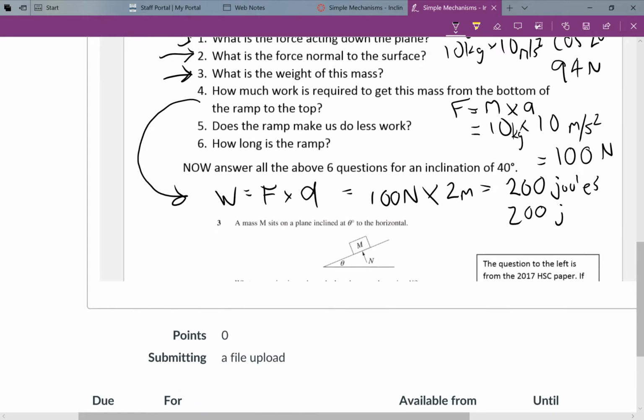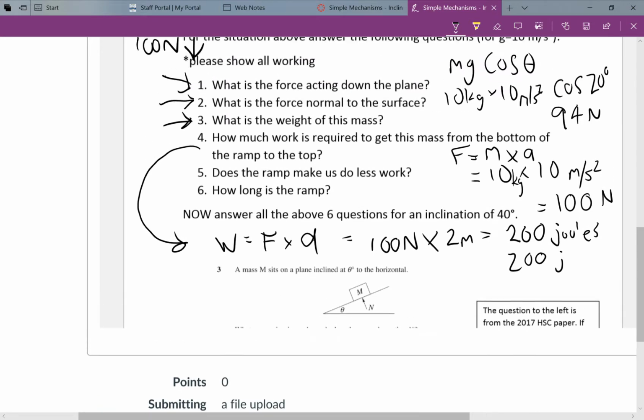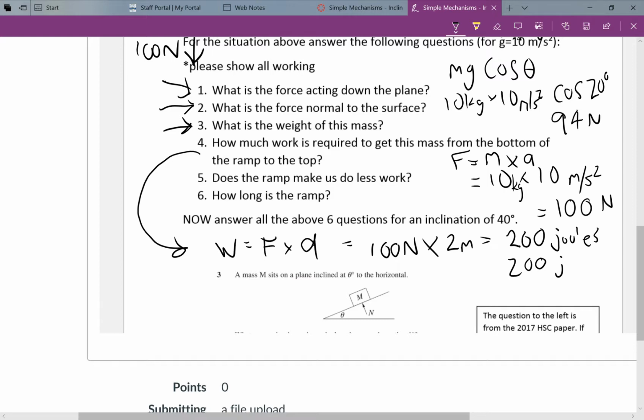And how long is the ramp? The length of the ramp is worked out using basic trigonometry, and basically what you need to do is, you've got 20 degrees here. This is a right angle triangle. We know this is the hypotenuse, which is what we're trying to work out.